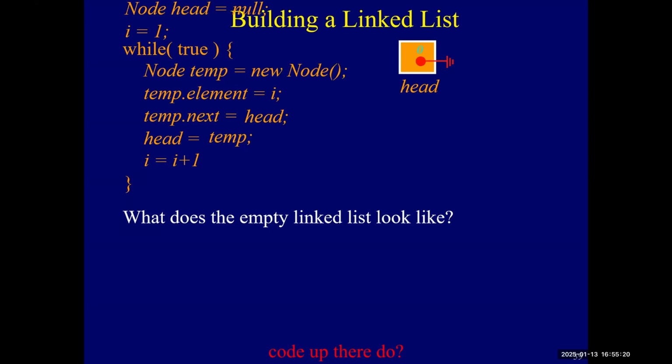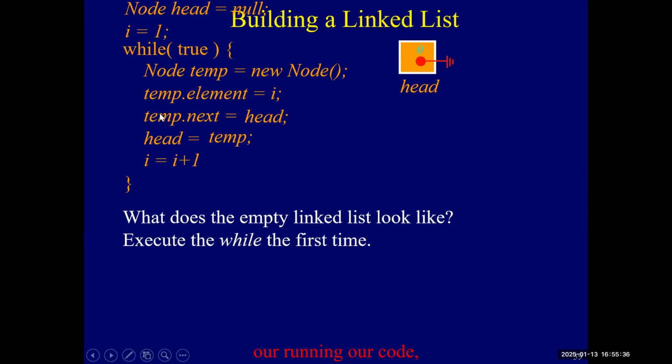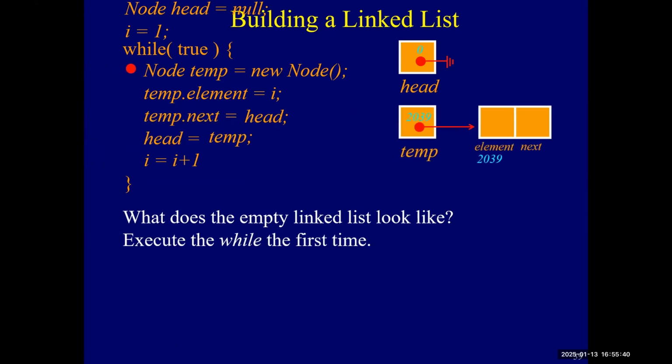And what does that code up there do? It sets up that. And I claim that's a linked list. So we've established our loop invariant, right? And then we're going to run our code. We set up the temp, the new guy, first guy.